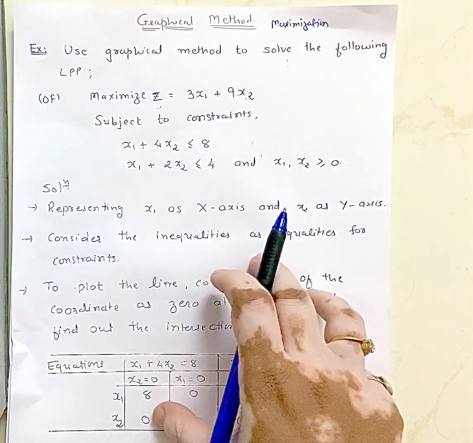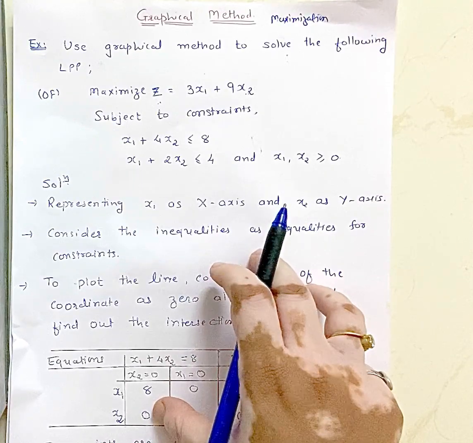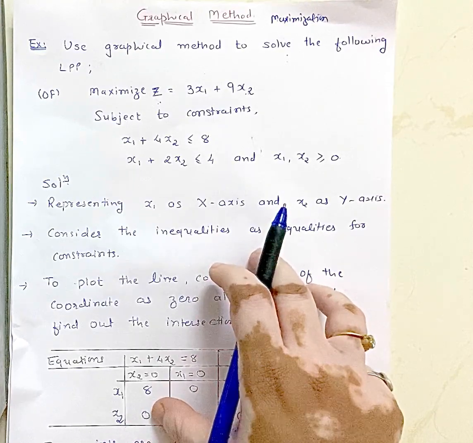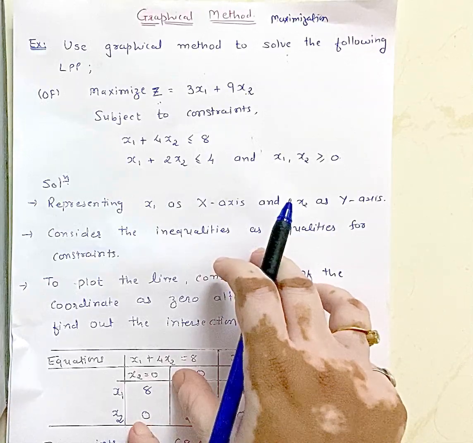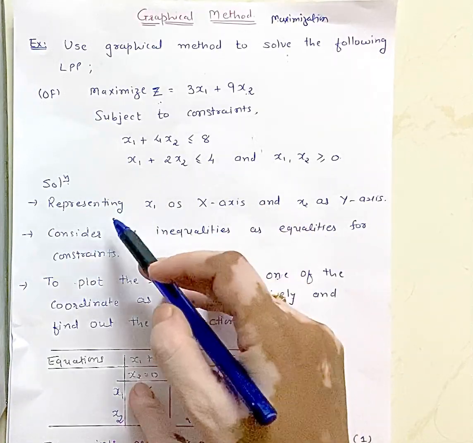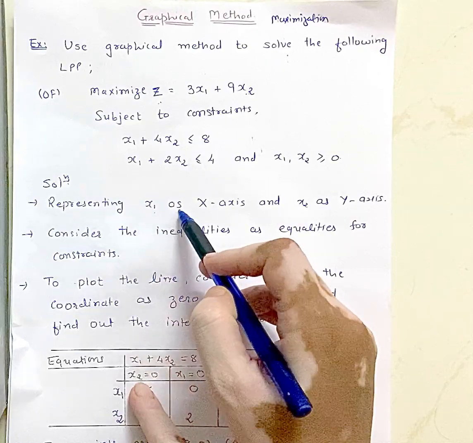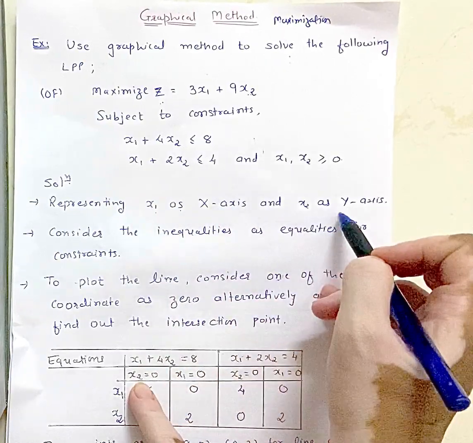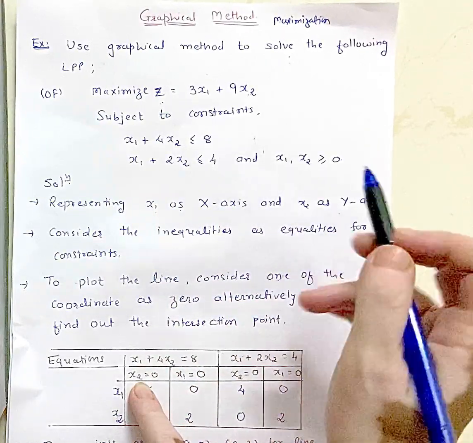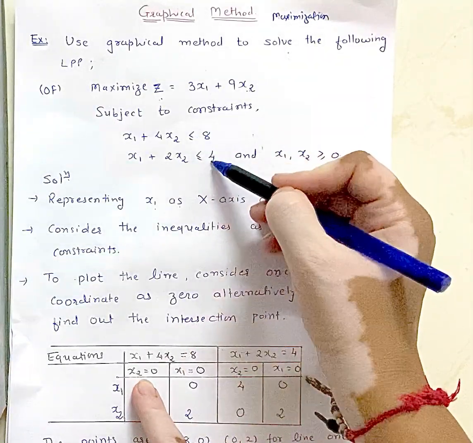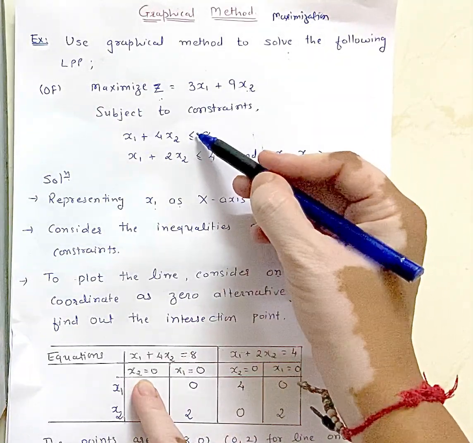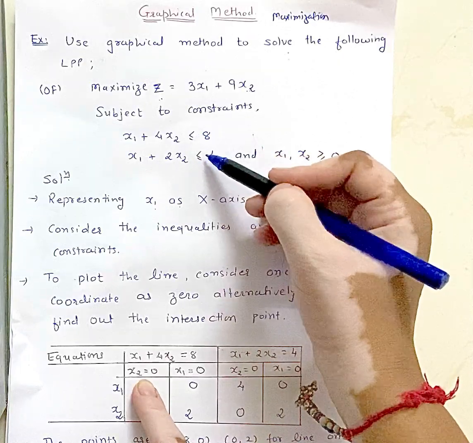Now for the solution of the LPP by the graphical method, we have to consider the axes, representing x1 as the x-axis and x2 as the y-axis. We have two inequality constraints of less than or equal to type.